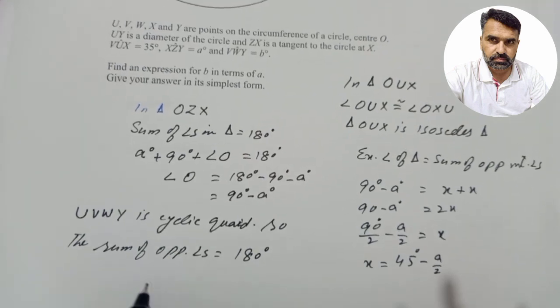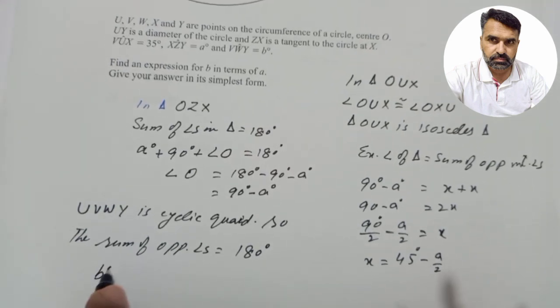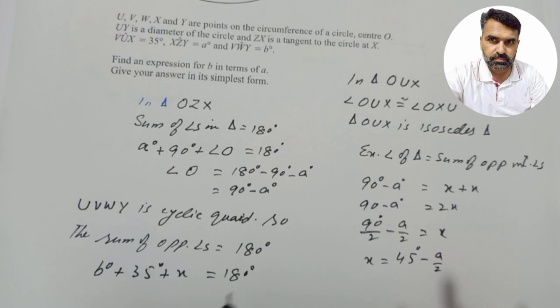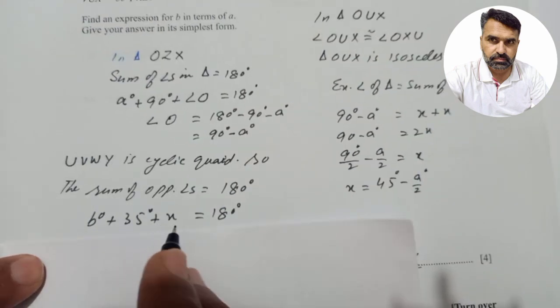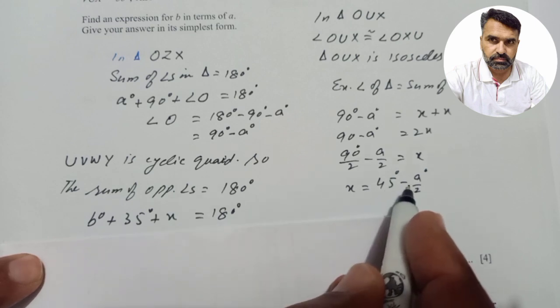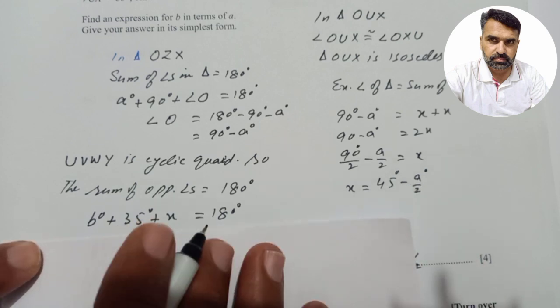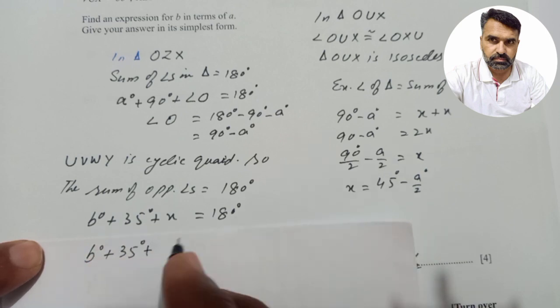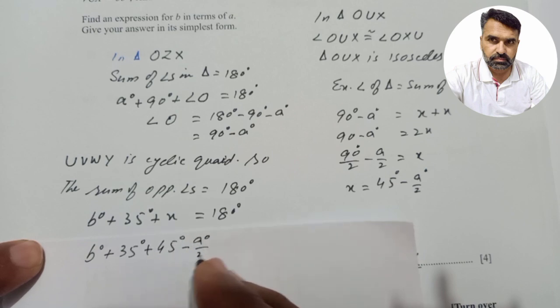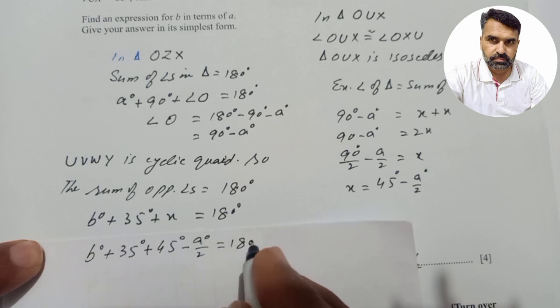And so angle B plus 35 degrees plus X will be equal to 180 degrees, and in place of X we will write 45 degrees minus A degrees by 2, and the rest of the numbers will be written as they are. B degrees plus 35 degrees plus 45 degrees minus A degrees by 2 is equal to 180 degrees.